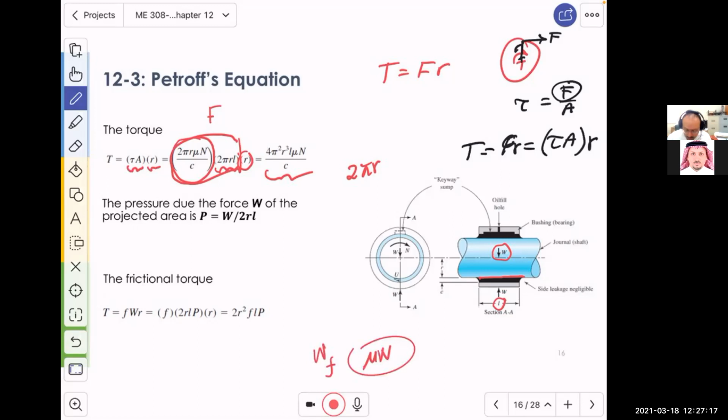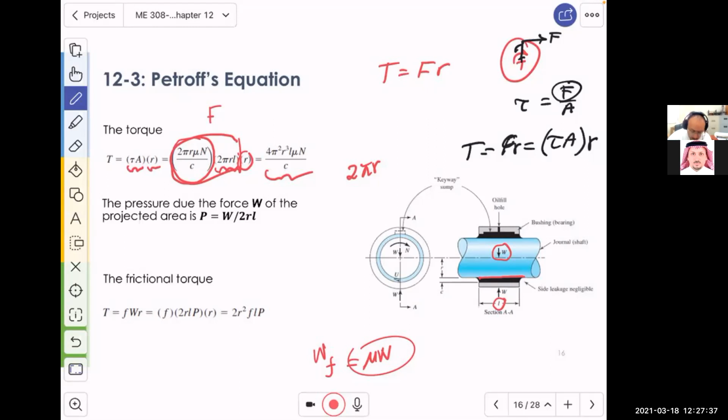If I multiply this by W, this is WF. And if I want to get the friction torque, the torque generated because of the friction, the frictional torque, then I need to multiply it by R, right?